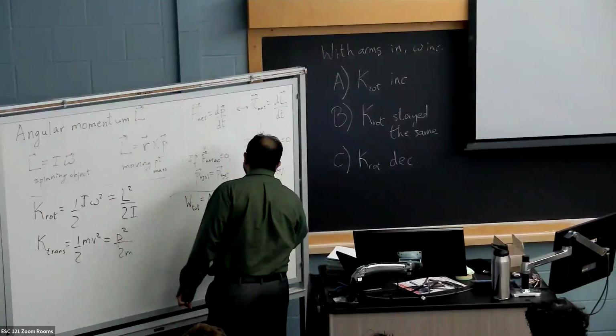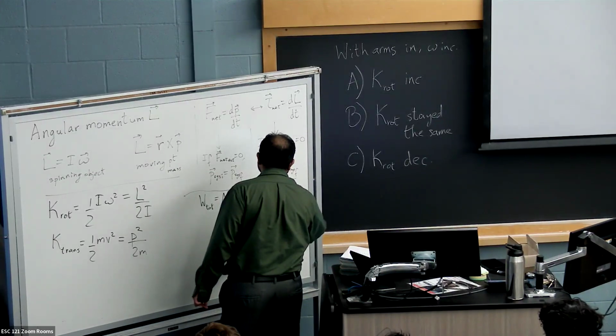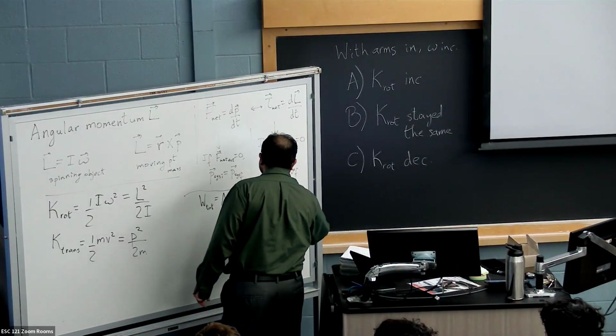One thing you have to be careful about with Nate's case is this. We've seen the work-energy theorem, W total equals delta K. In the rotational context, we can also talk about rotational work.